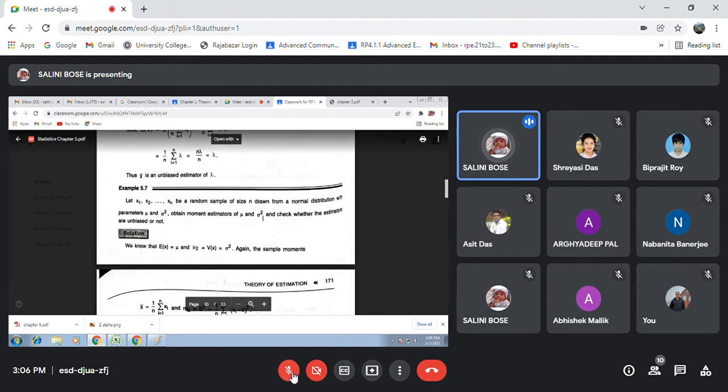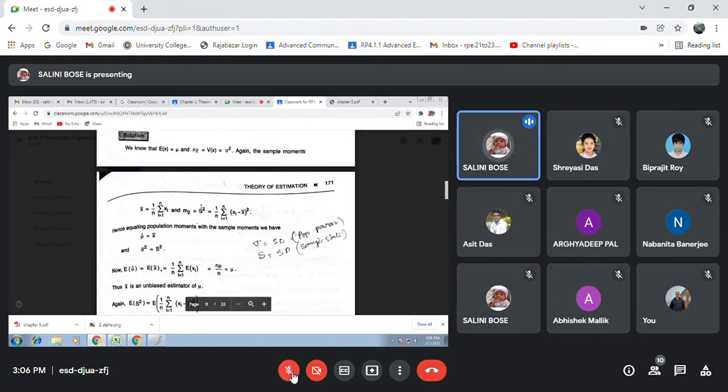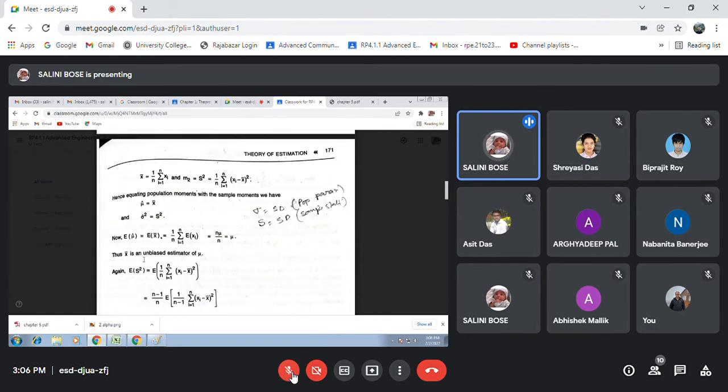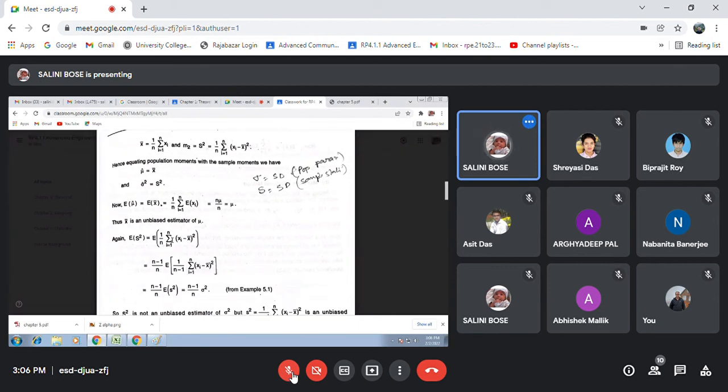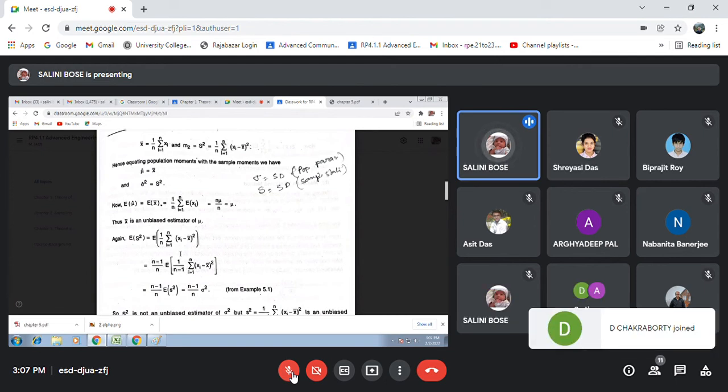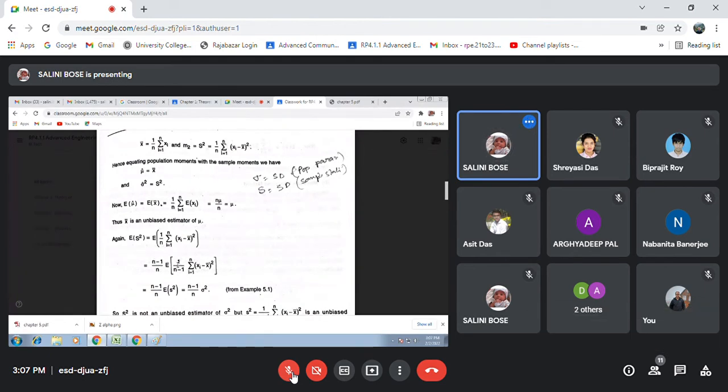But next you have to check whether sigma square cap is an unbiased estimator of sigma square or not. Let us see E of S square. E of S square is equal to E of this. Put the formula, and we can say 1 by n outside, E of the summation of xi minus x bar whole square. If we multiply both numerator and denominator by n minus 1, we have to come to the equation.